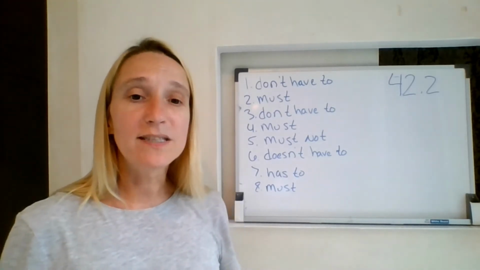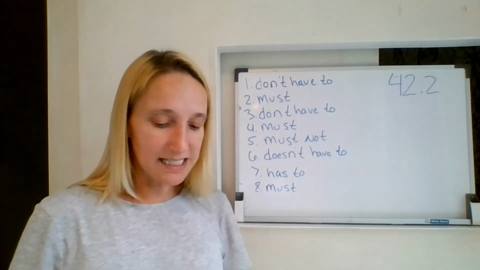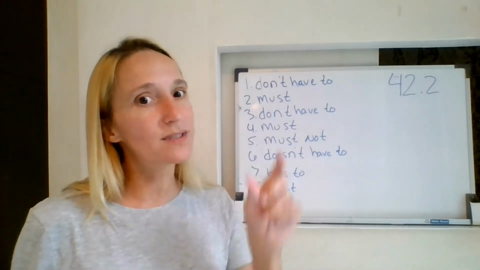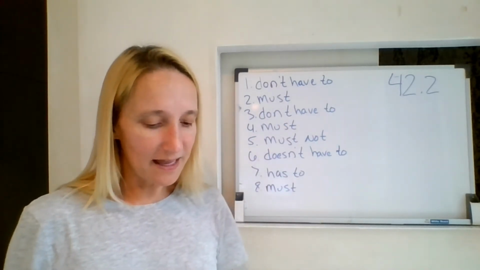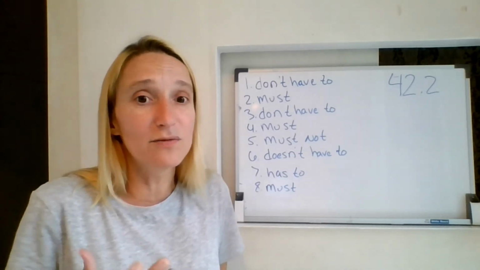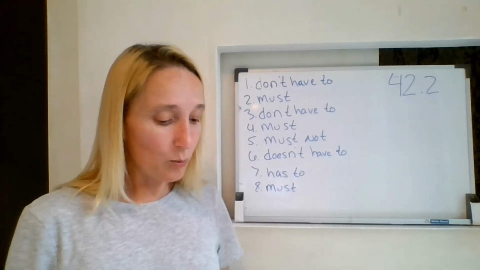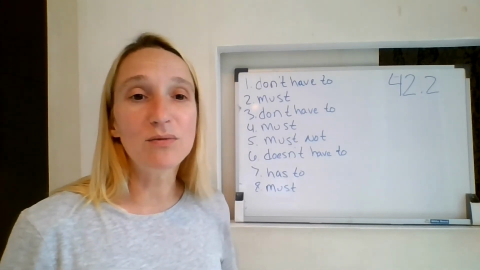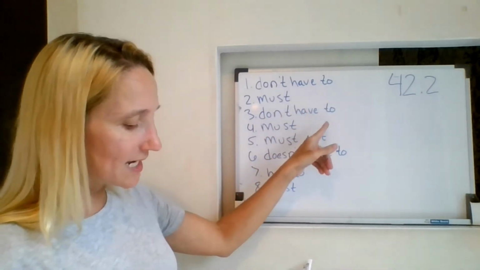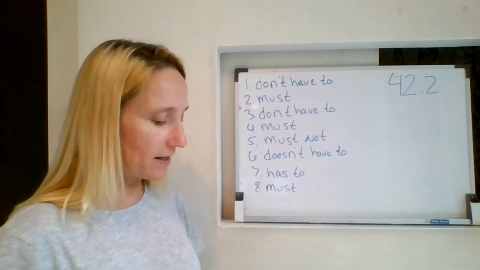If you said have to, that is incorrect, because she says, I don't need them. And if you don't need, then you don't have to. And then I must. Well, again, if you don't have to, then you mustn't have to. So what is the answer? I don't have to. The answer: I don't have to take any painkillers. I don't need them because I feel better.